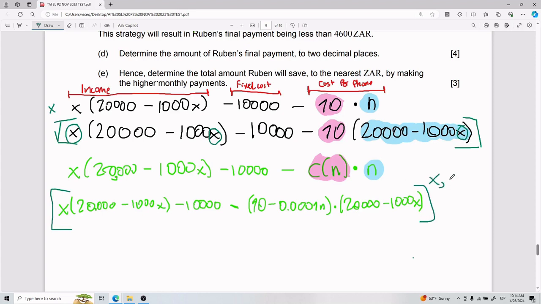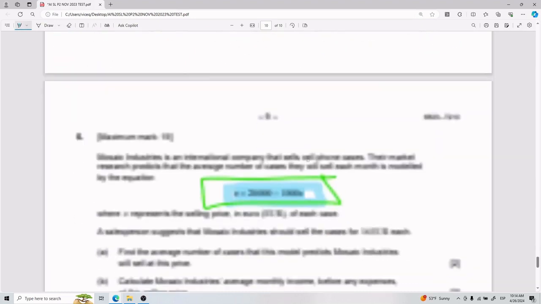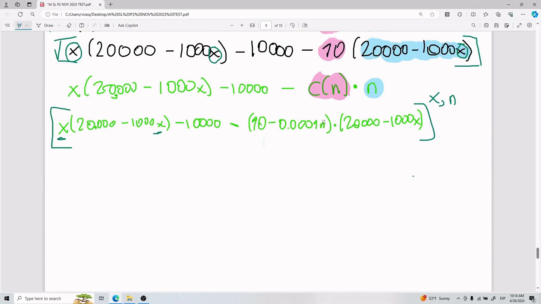You have x, but you also have n. And so you need to take care of this n. So what is n, you guys? N, as we've seen all along, is this. This is n. And so yes, you're going to end up with a crazy, nasty sort of equation, but trust the process and it's going to be fine.